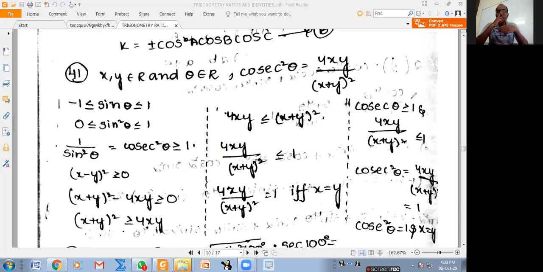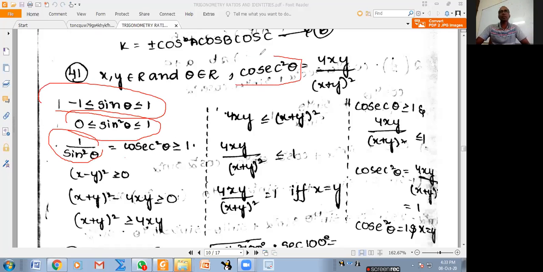If you take the reciprocal of that, 1 by sine square theta, it will be greater than or equal to 1, because any number between 0 and 1, when you take its reciprocal, will be more than 1. So this LHS is always greater than or equal to 1, but this RHS is less than or equal to 1.